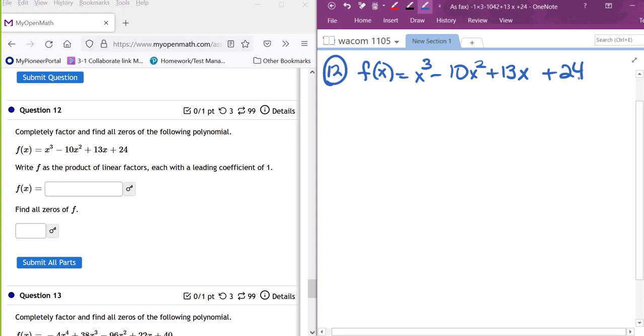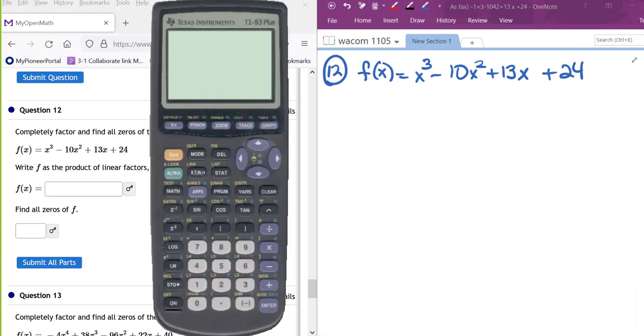And so I went straight to my calculator. I should use the one on the screen so that you can see it, right? So I'm actually finding the zeros first and then going to work backwards from the zeros to get your polynomial, which is what you have to do, because this is not going to factor for you.